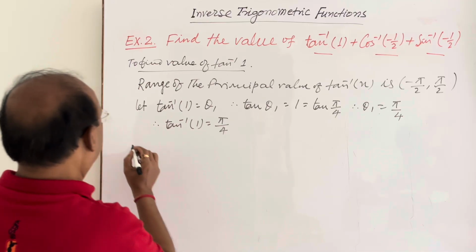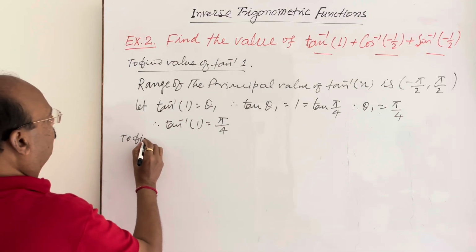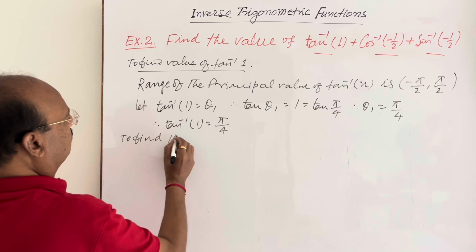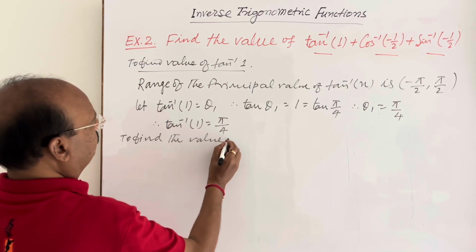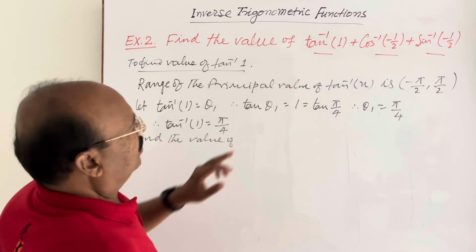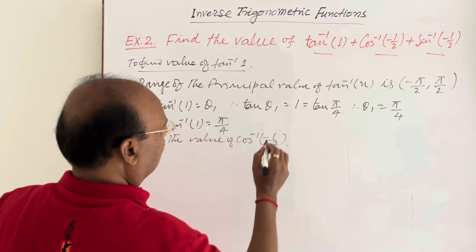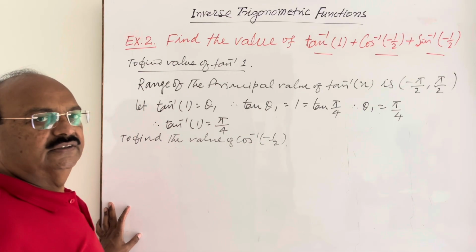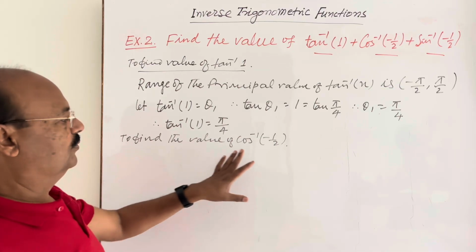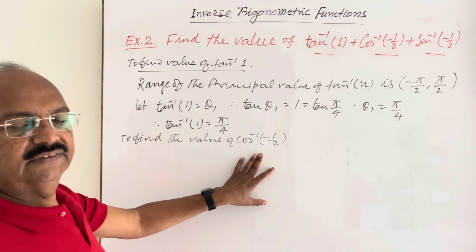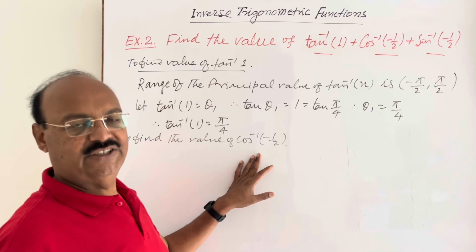Now we have to find the value of the next term, cos inverse of minus half. What will be the range of the principal value of cos inverse? Yes, 0 to pi.